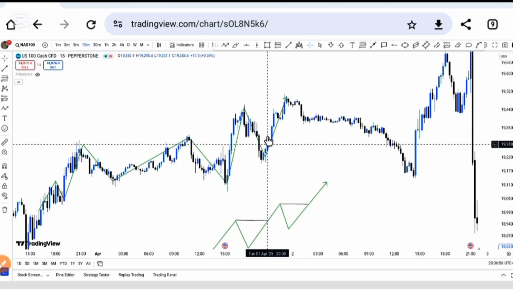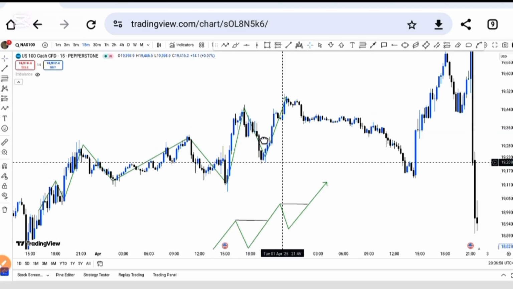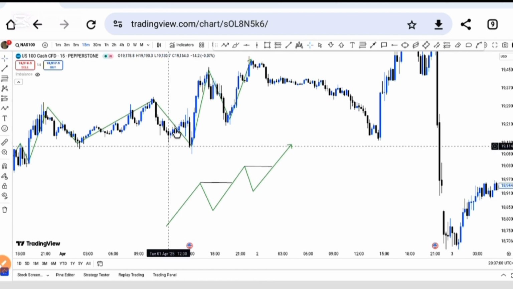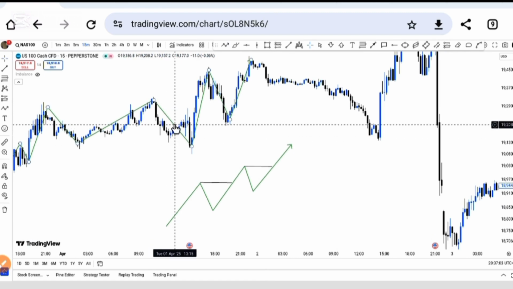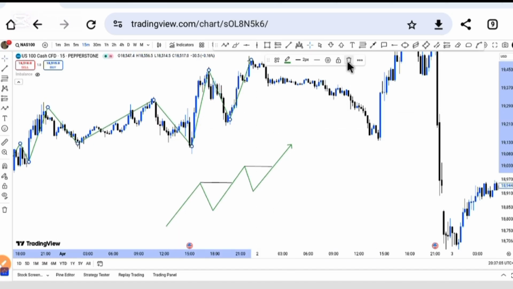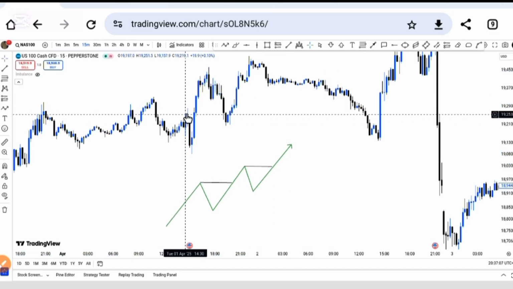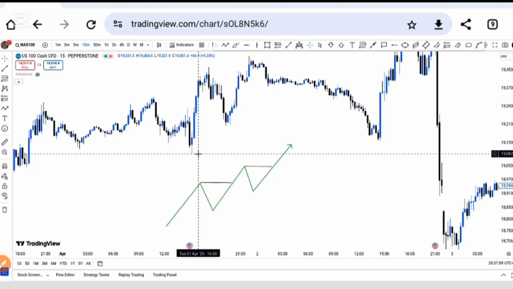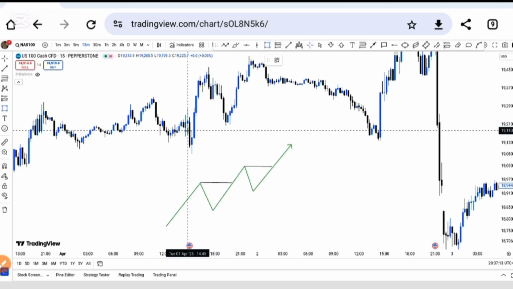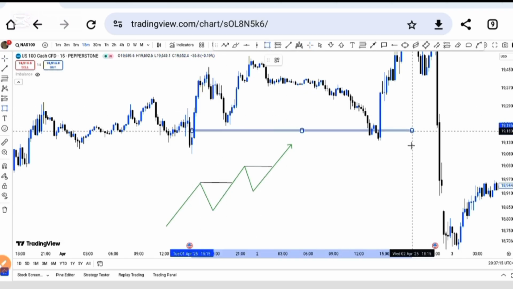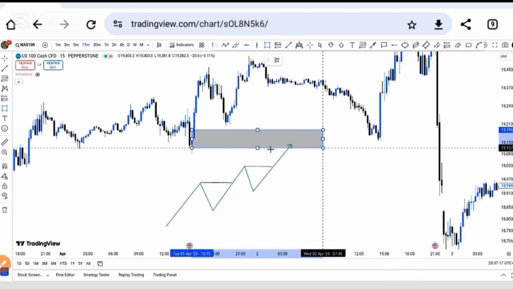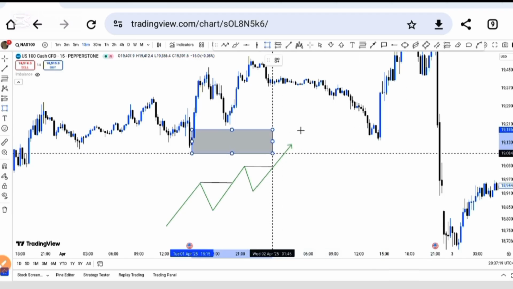Before the market creates this higher high, I can spot what I'm looking for at this place. You can see the market is consolidating, then we see this sweep, then I can see this order block, then I mark out this order block like this.